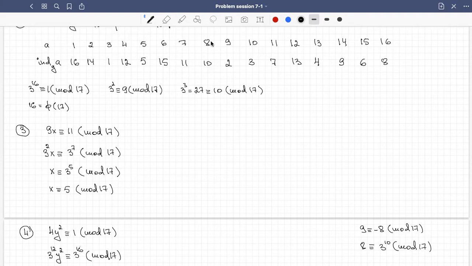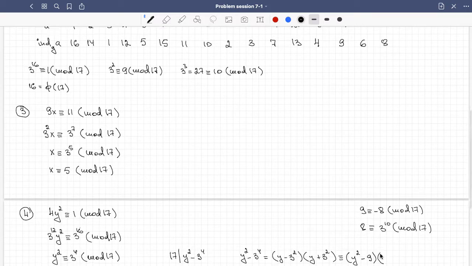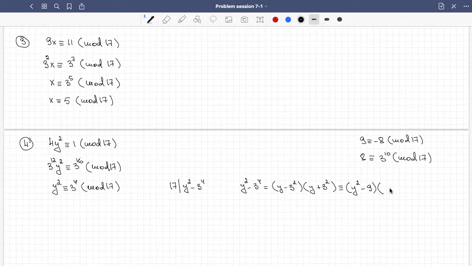Three to the 10 is 8 as a member of the reduced residue system. This is the index. 3 to the 10 is 8 modulo 17. So we write it y squared minus 8 plus 9 is the same thing as minus 8. Minus 8 is minus 3 to the 10.